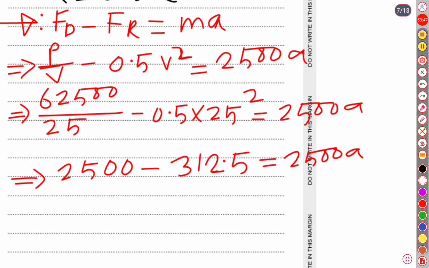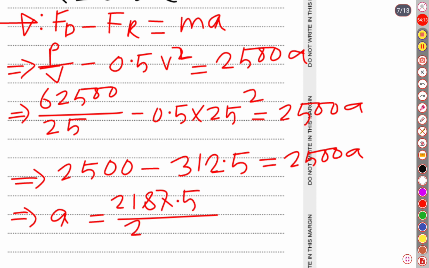A. And if we isolate our A, it is going to be 2500 minus 312.5, so what is it going to be if we do subtraction? It is going to be 2187.5 over 2500.